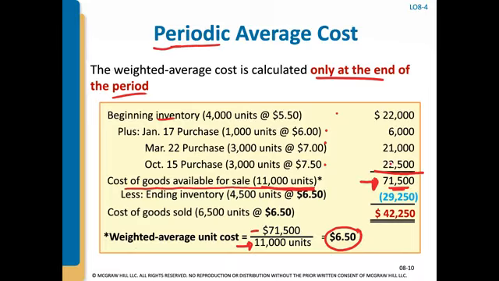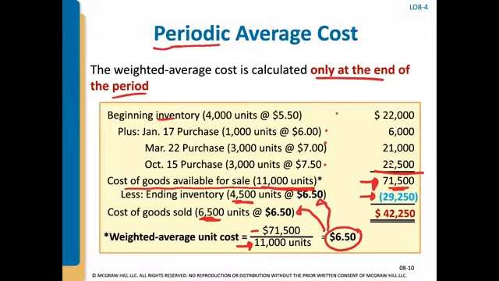We were told in the problem that we sold 6,500 units and have 4,500 units remaining in our ending inventory. We assign each of those units the $6.50 cost. So our ending inventory is 4,500 units at $6.50, which is $29,250.